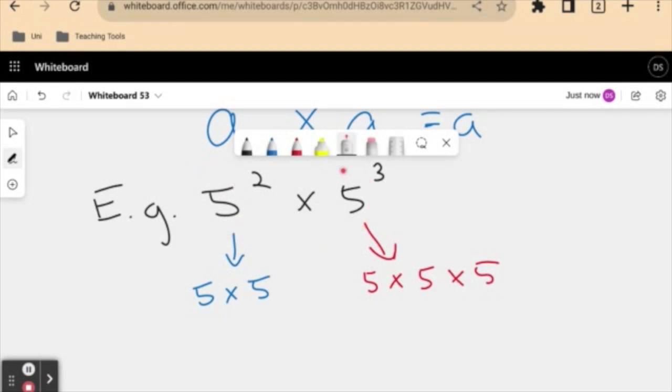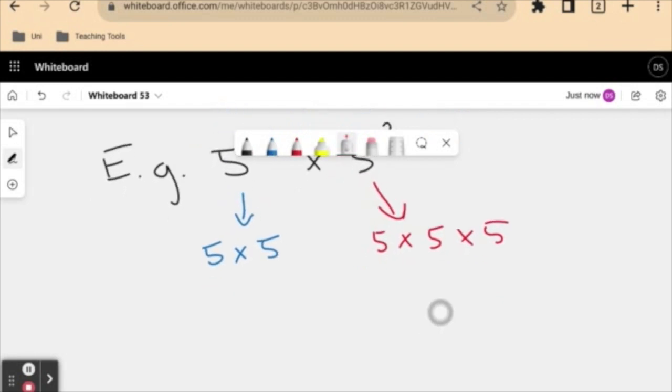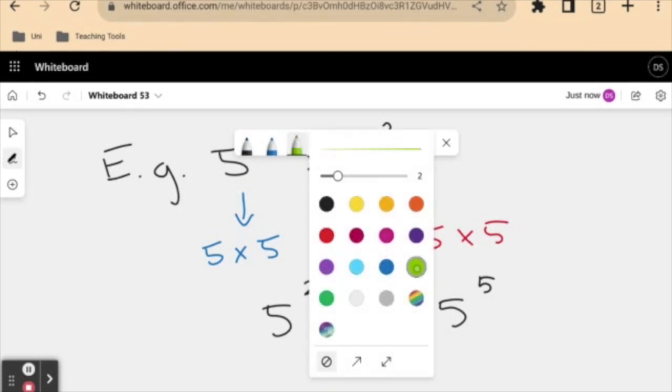If this was 5 squared times 3 cubed, we can't just say that's 15 to the power of that sum. No, we need the same base here. Now, this is like writing 5 to the power of 2 plus 3, and we would get 5 to the power of 5, which is essentially what we have up here.